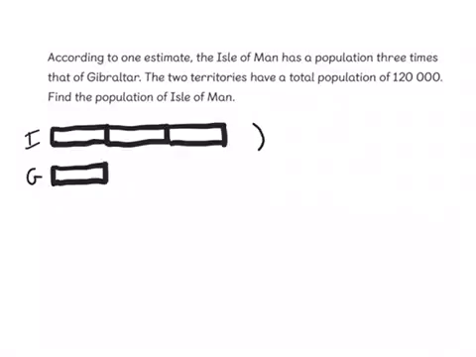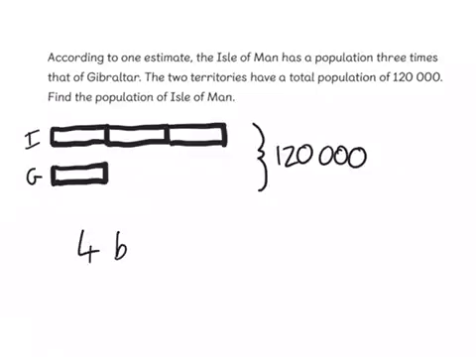So when we put those two populations together, the total is 120,000. Then we can use the bars to think, how many bars do we have altogether here? And we clearly have 4 bars.